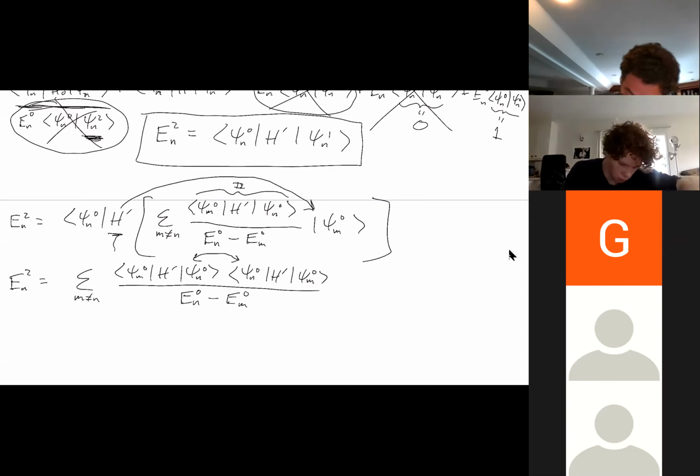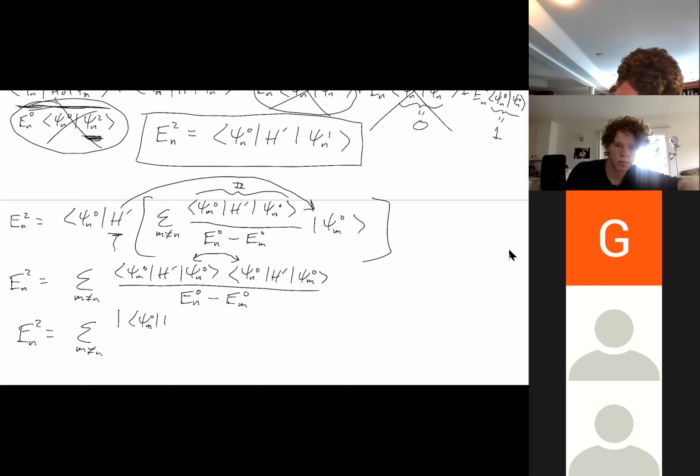And so that means that this thing is equal to the sum over m not equal to n of the absolute magnitude squared of ⟨ψ_m^0|H'|ψ_n^0⟩, divided by E_n^0 minus E_m^0.